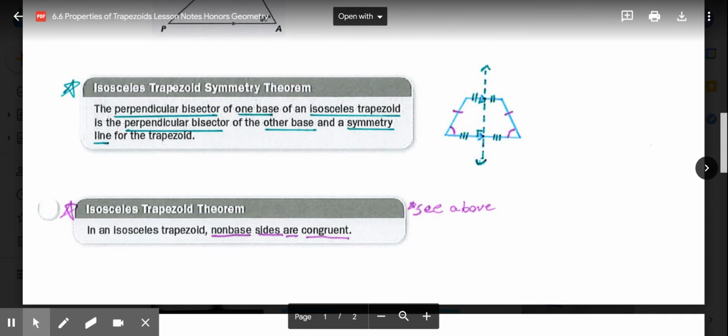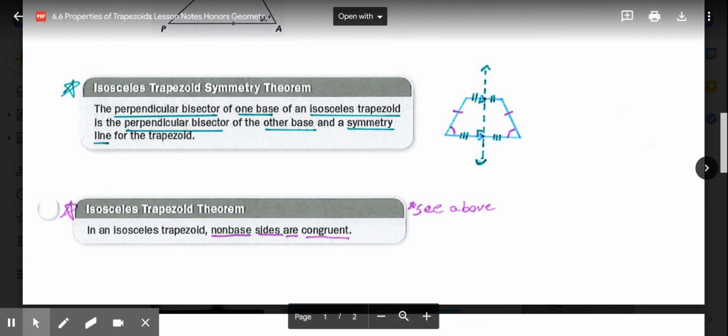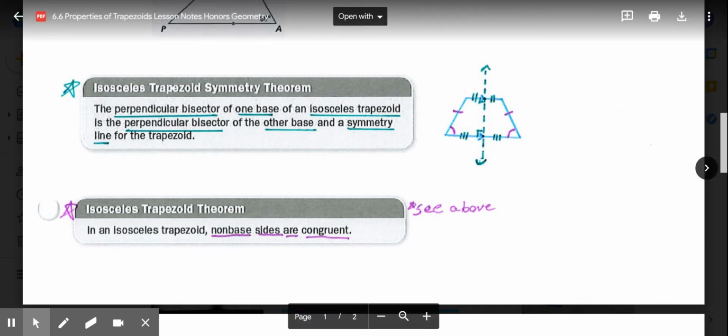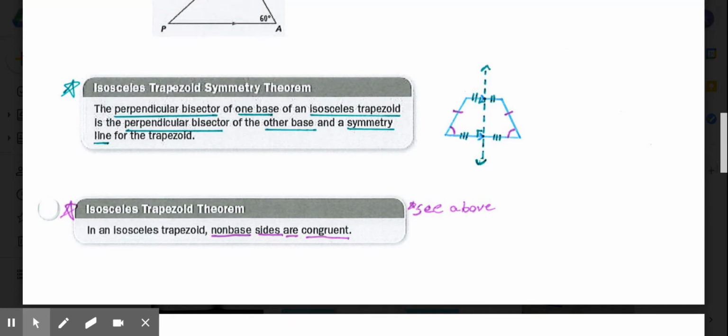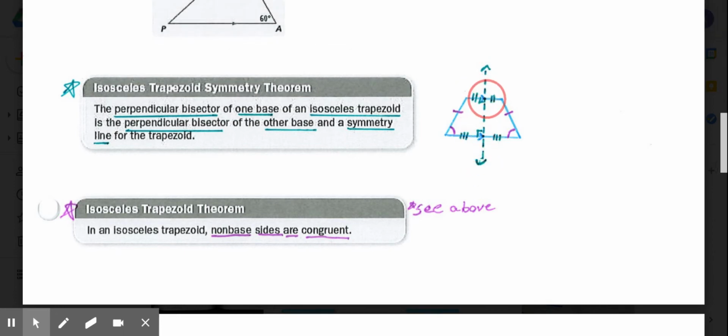In the isosceles trapezoid symmetry theorem, the perpendicular bisector of one base of an isosceles trapezoid is the perpendicular bisector of the other base and the symmetry line for that trapezoid. So the symmetry line is also the perpendicular bisector of the base on top and the base on bottom here.